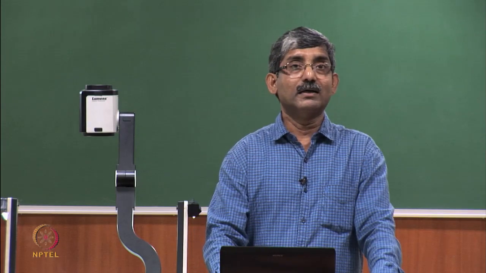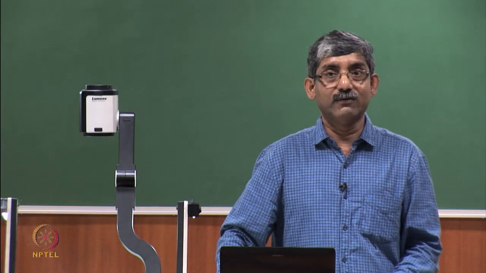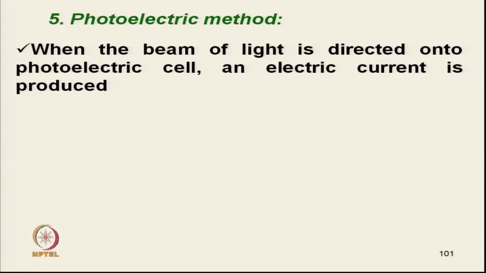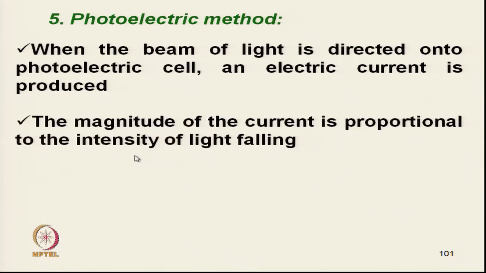Now, we will see another way of measurement of unevenness. It is a photoelectric method. When a beam of light is directed onto a photoelectric cell, an electric current is produced. That is the technique we have seen earlier also for other types of measurement.